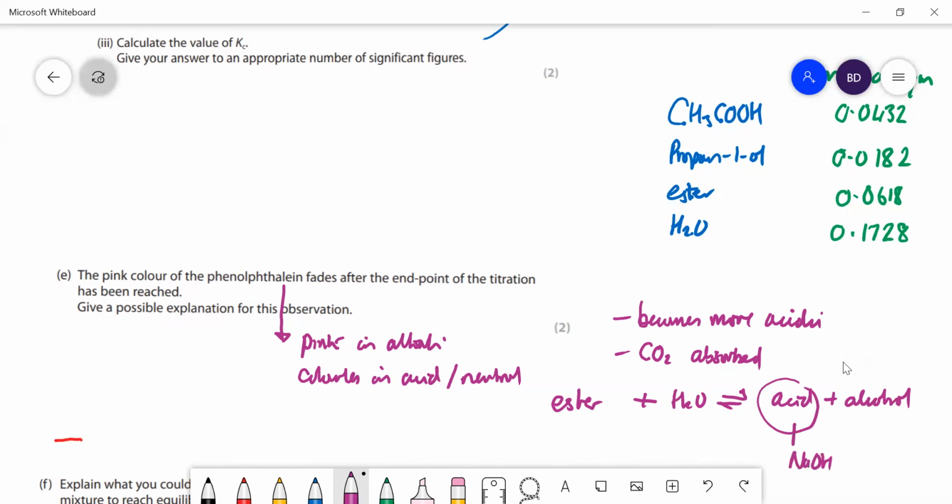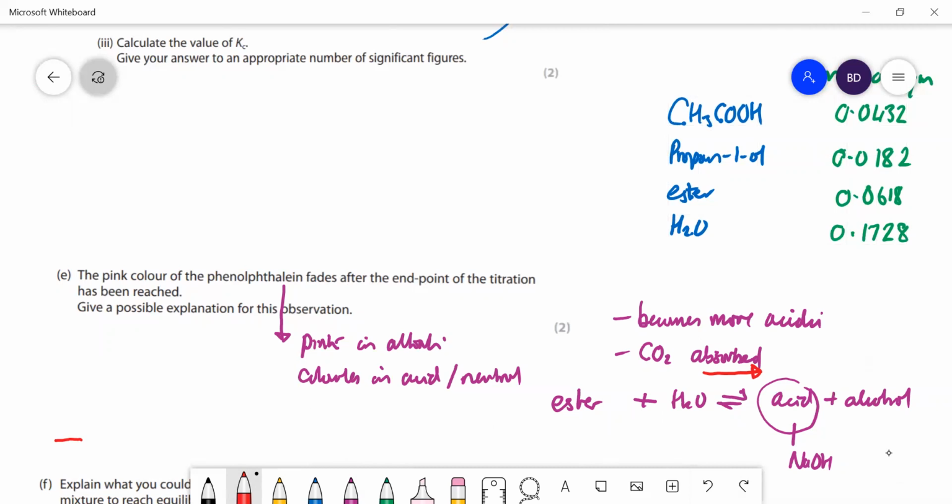That's going to shift the position of the equilibrium. If you keep removing the acid, it's going to shift forward to try and restore the balance, and so it's going to make more acid. Either one of those, I think they allow. So the ester starts hydrolyzing because you've shifted the position of equilibrium, making acid, or you can say it's just CO2 from the atmosphere.